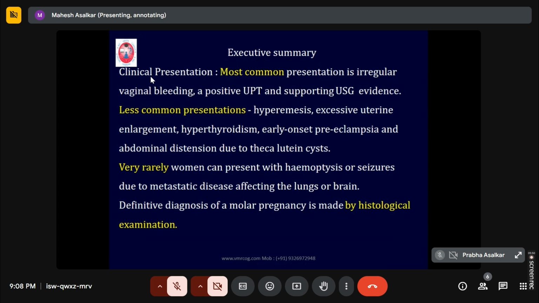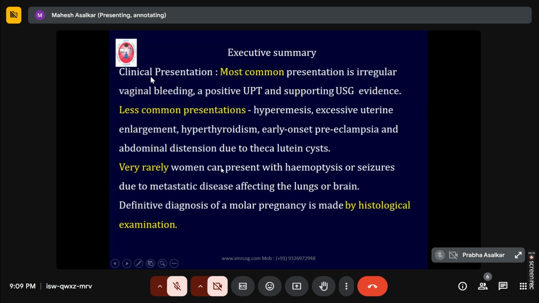So remember, there may be a simple question: what is the commonest presentation of gestational trophoblastic disease? Remember, it is irregular vaginal bleeding, because when you see all the features, you feel it could be irregular vaginal bleeding, it could be hyperemesis or excessive uterine enlargement. The commonest is irregular vaginal bleeding along with positive UPT and supportive ultrasound evidence.